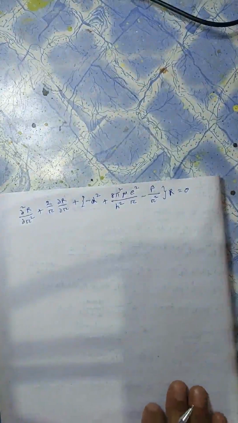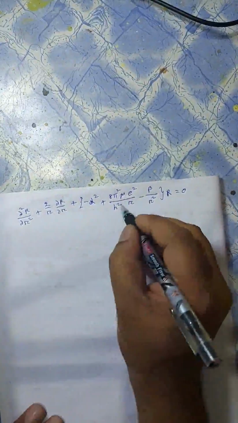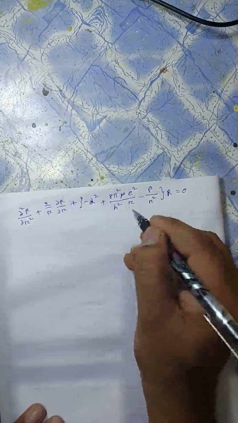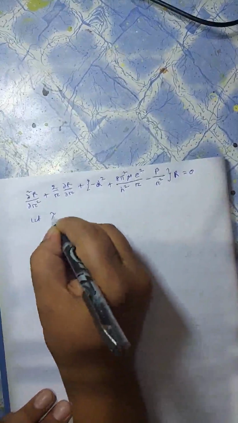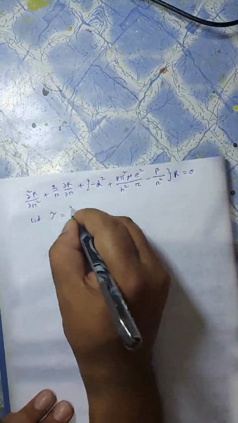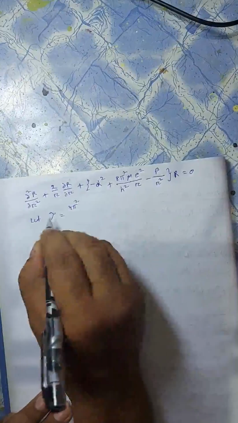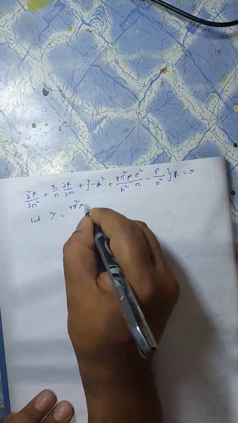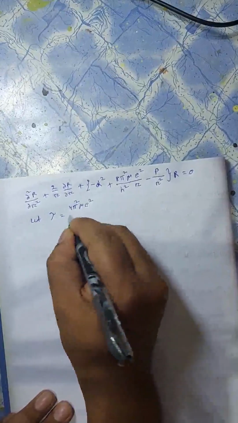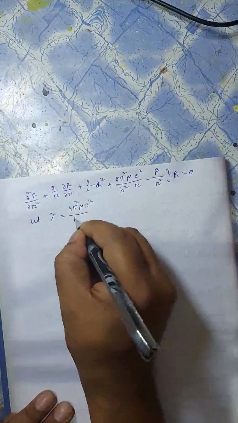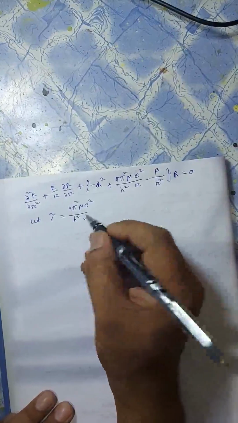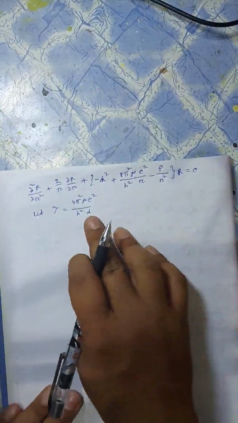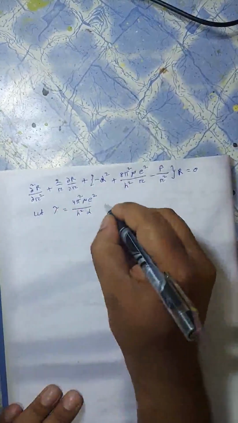Okay. Now we take another one, let λ be equal to 4π²μe²/h². I take this as α, so we take λα to this side.